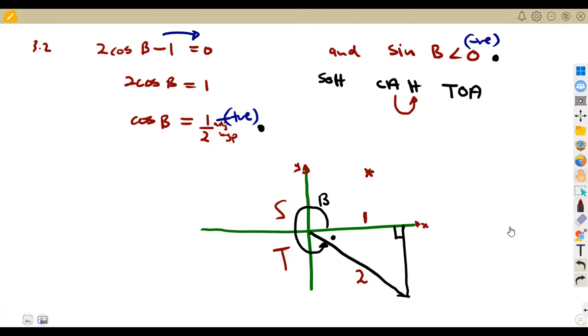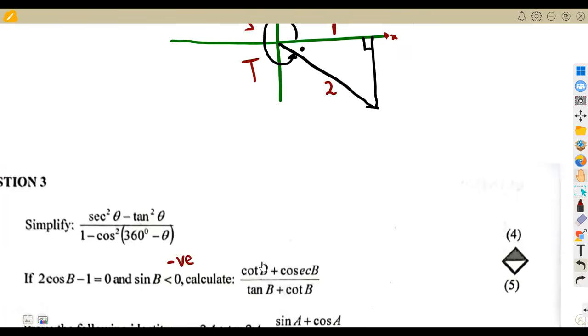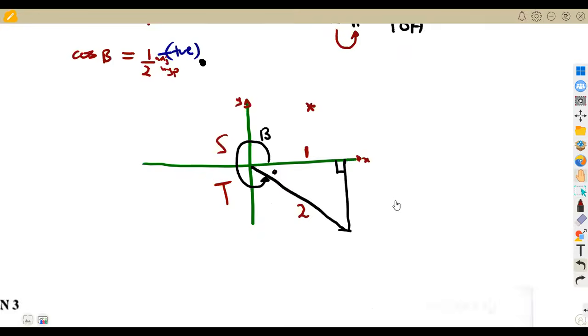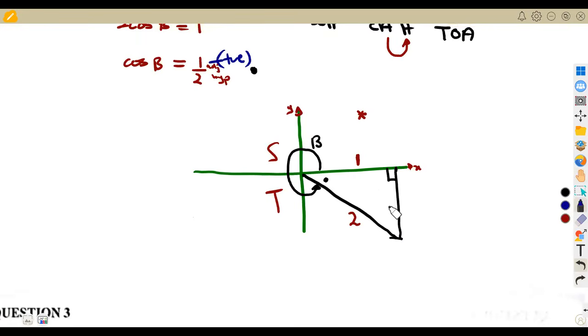As we can see, for the question that follows, in order to have whatever ratios we are asked, we are also going to need the third side. So we work it out from the Pythagoras theorem. The hypotenuse squared, which is 2 squared, is equal to x squared, which is 1 squared, plus y squared, the side we want to calculate.